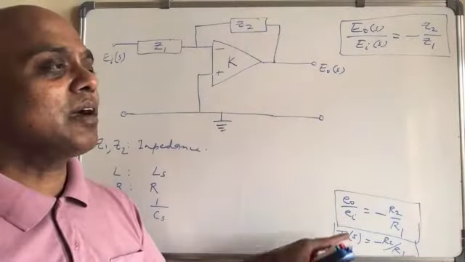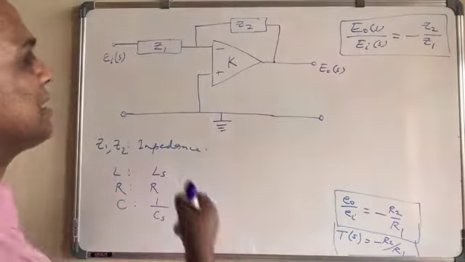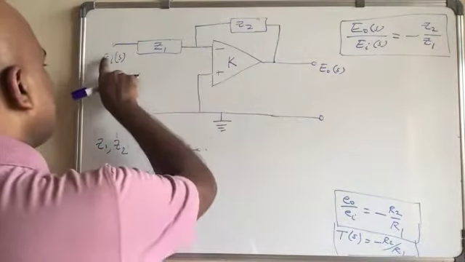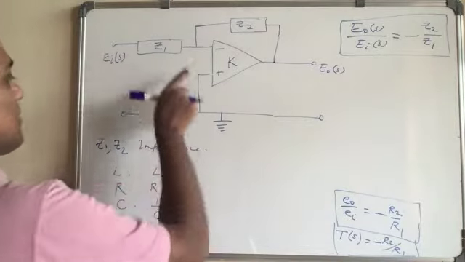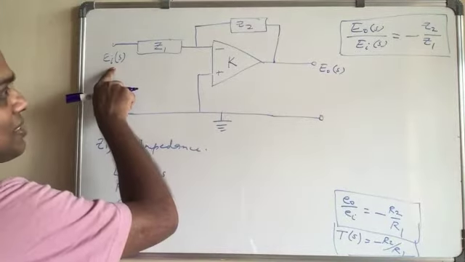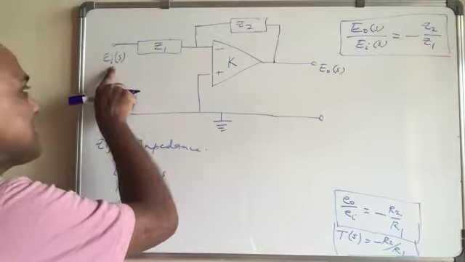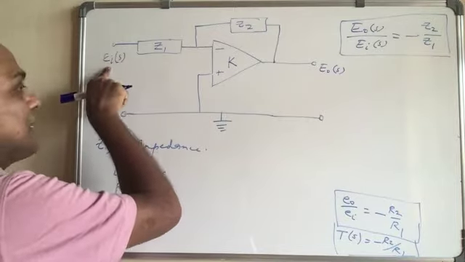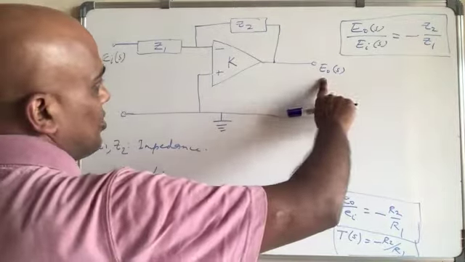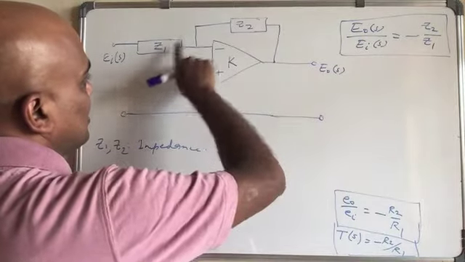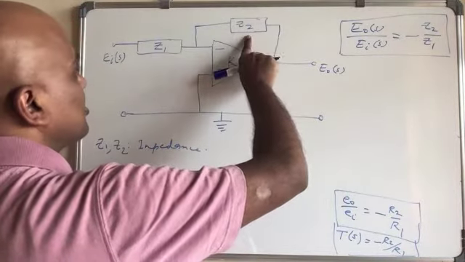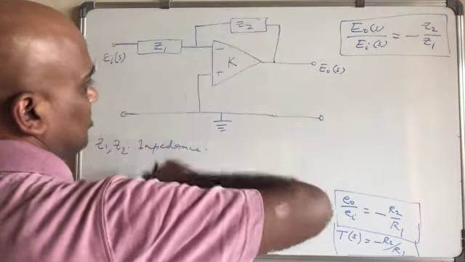What we are doing is replacing with the frequency domain values now. So instead of a small ei, we are writing big EI. Similarly here big E0. Instead of R1 we have Z1. Instead of R2 we have Z2.